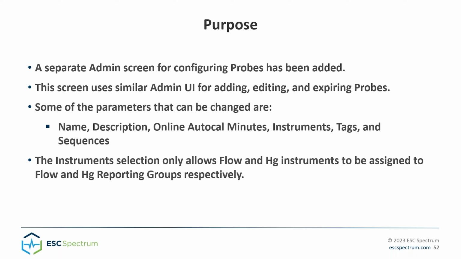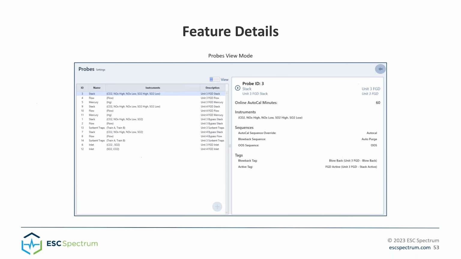If you have previously assigned an instrument to a probe and you're creating a new probe, that instrument is not available in the dropdown to be assigned. So you can do all of your administration for your probes from the administration area now.